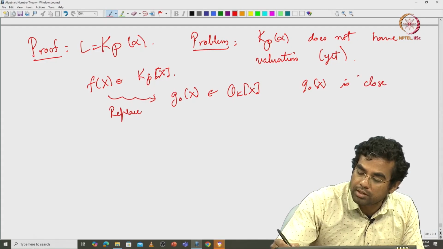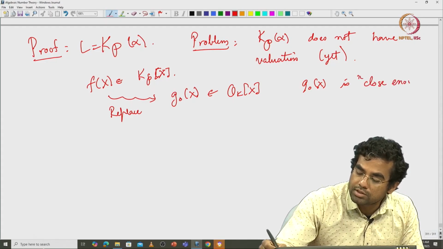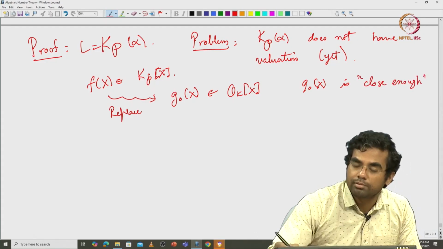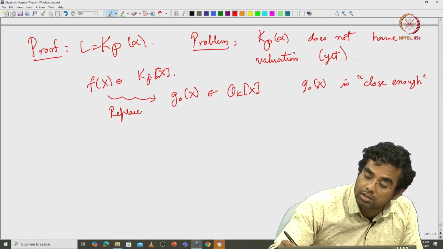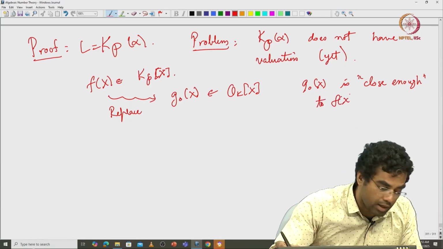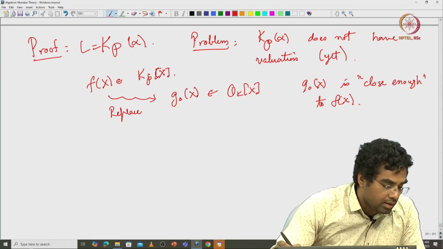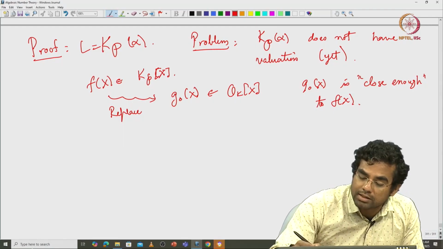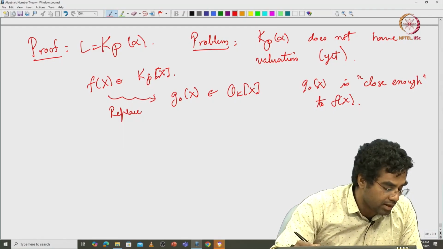Again, I am not going to make any of this quantitative, just a qualitative statement. And now we are in the setting of algebraic number fields.